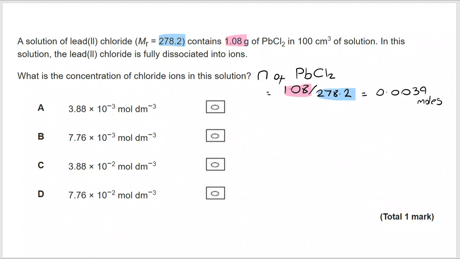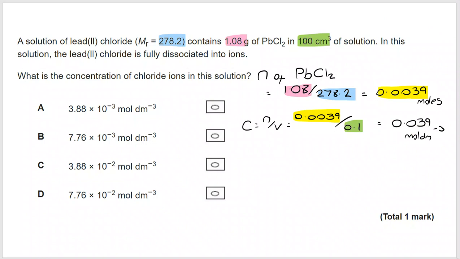Now, if I've got the moles and I have got a volume, I can work out the concentration of lead chloride. So my 0.0039 moles are in 100 cm cubed. I've converted that to 0.1 decimeters cubed, and that takes me to 0.039 moles per decimeter cubed.